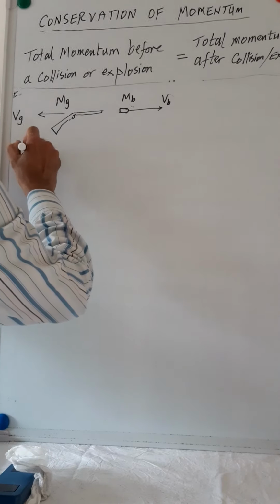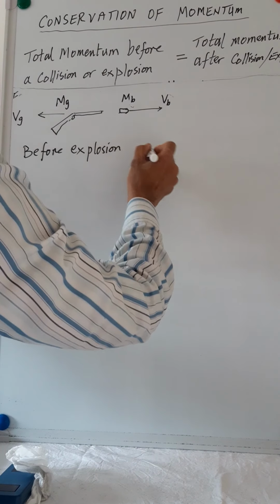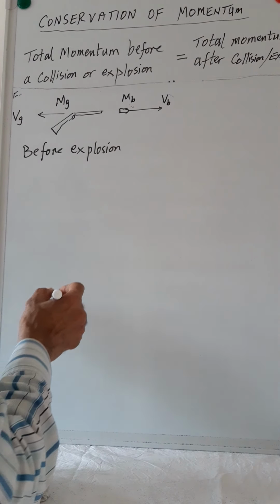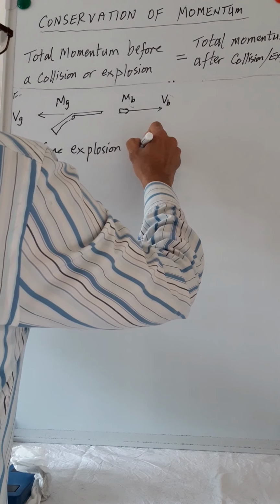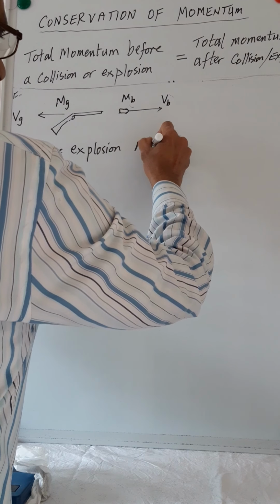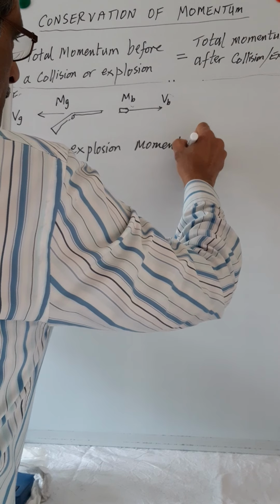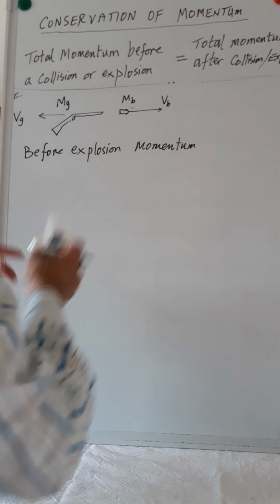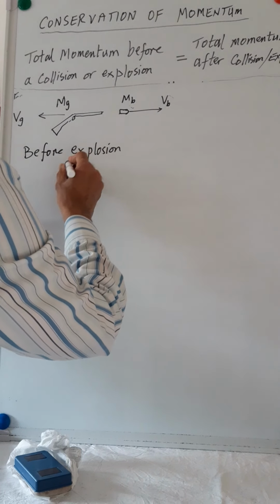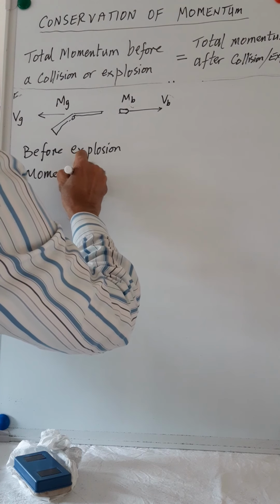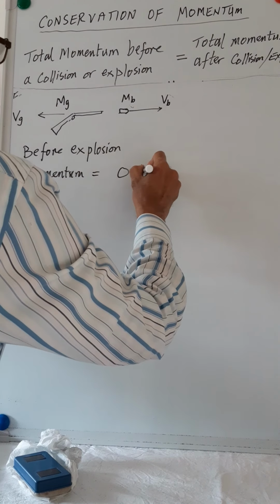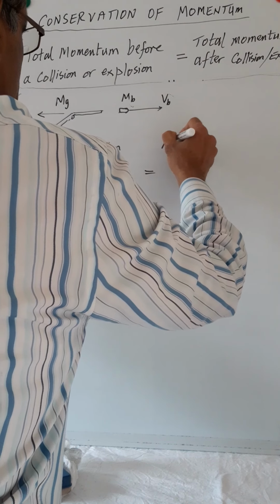So we say before explosion, the total momentum is 0. Before explosion, the momentum is equal to 0, and that must be equal to after explosion.